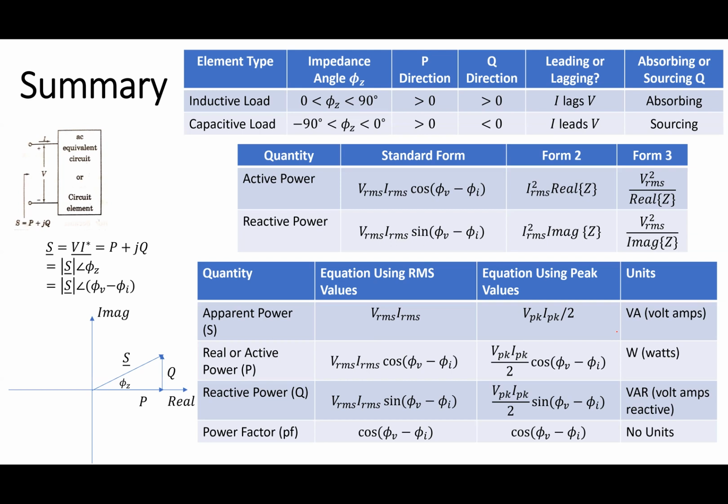If I have an inductive load versus a capacitive load, an inductive load always has its impedance in the first quadrant. A capacitive load always has its impedance in the fourth quadrant. If it was a pure inductor, what would the angle of the impedance be? It would be 90. If it was a resistor, it'd be 0.